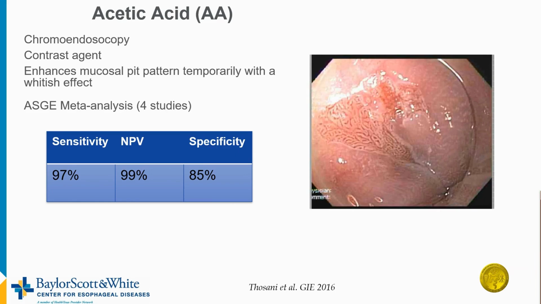This agent essentially is sprayed onto the lining and creates a whitish effect of the mucosa. You can see here in this picture on the left, the enhanced mucosal pattern on the left side is more regular appearing, whereas the right side, it looks like there's a distortion or loss of pit pattern. This distorted area was diagnosed as high-grade dysplasia.